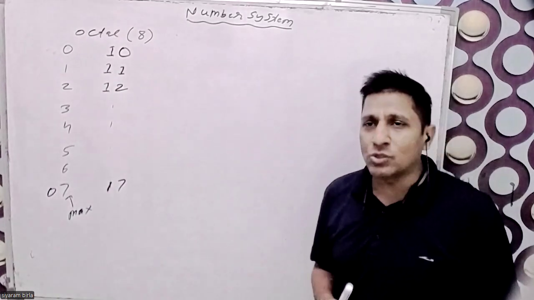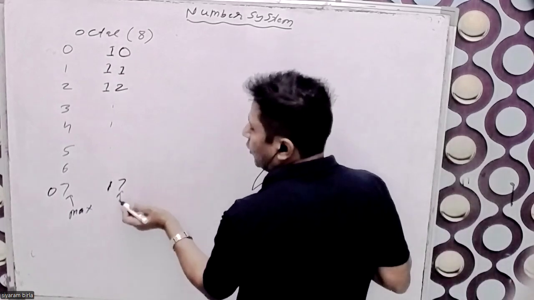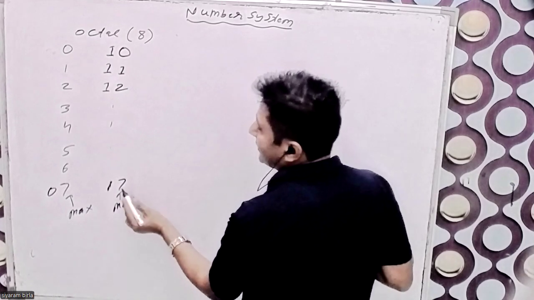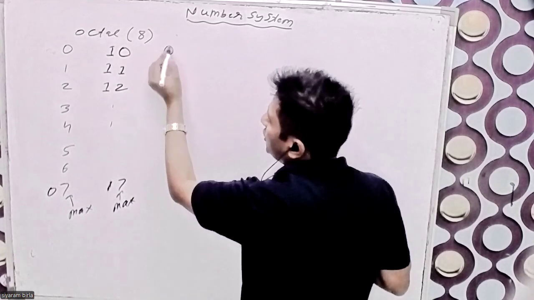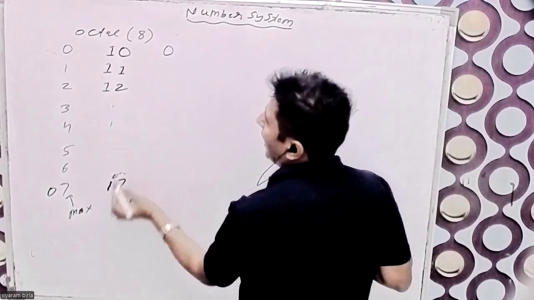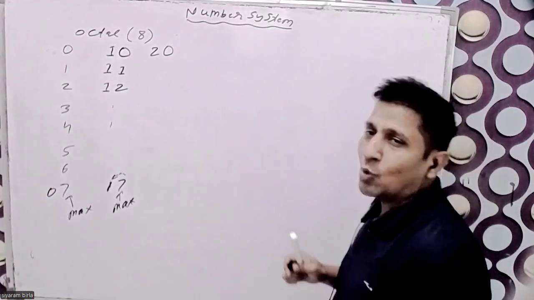Now I tell 7 to please increase by 1. It is the maximum number, so it cannot increase. So 7 will become 0, and I tell the most significant digit to increase by 1, so 1 becomes 2.